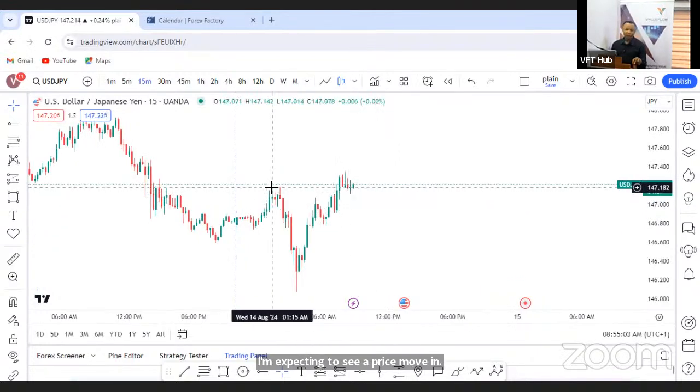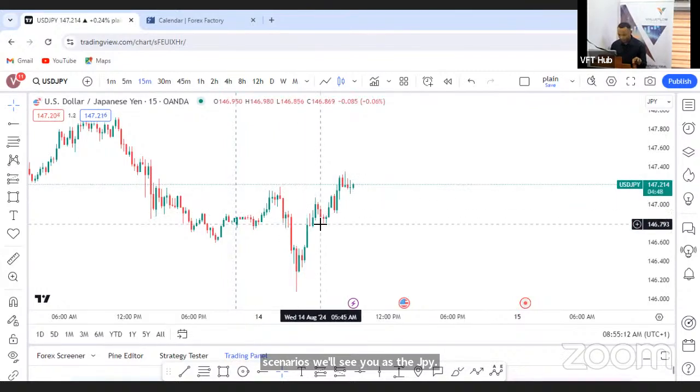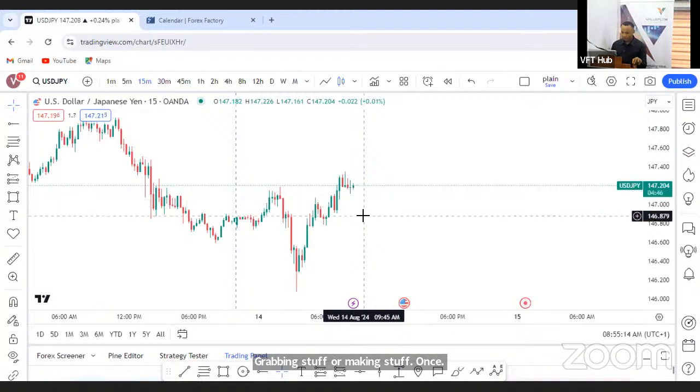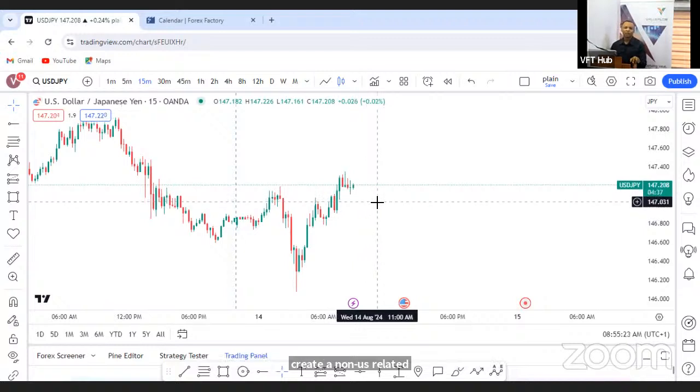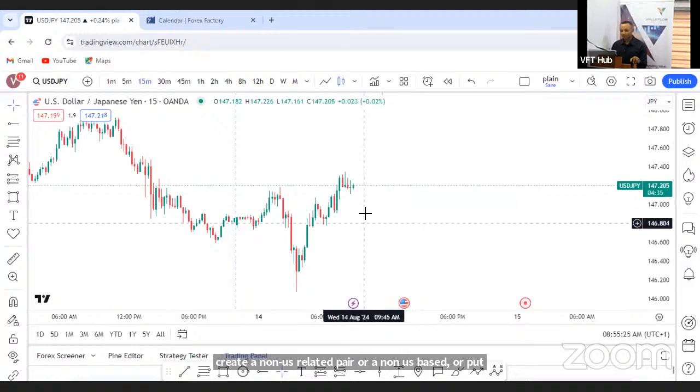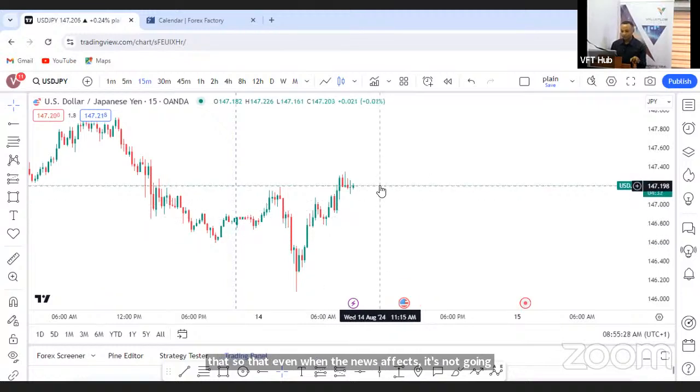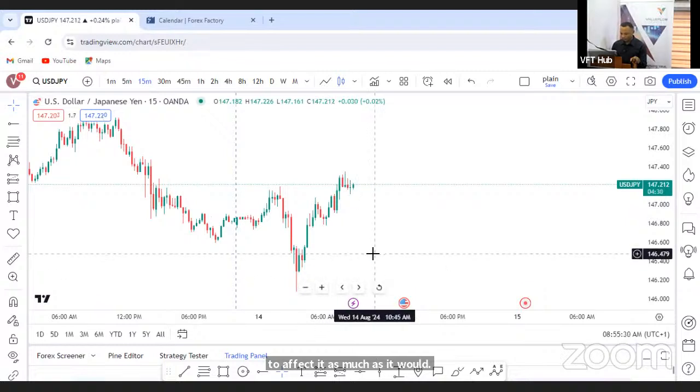In this kind of scenario, we'll see USD JPY grabbing stops or making stop hunt moves to the upside and to the downside because of the US news that we're expecting today. So I want to trade a non-US related pair, or a non-US based or quoted pair, so that even when the news affects it, it's not going to affect it as much as it would when we trade a US related pair. So I'm more big on the Euro JPY trade for today than any other trade.